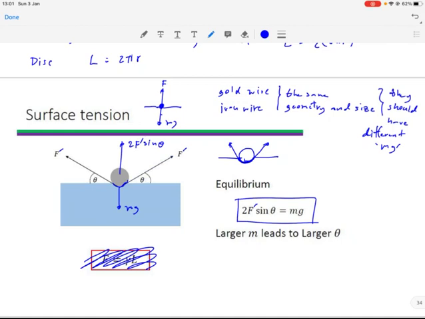And this F palm, we can rearrange the equation and say F palm equals mg divided by 2 sin theta. Don't forget this F palm is the force that acts on each contact length.